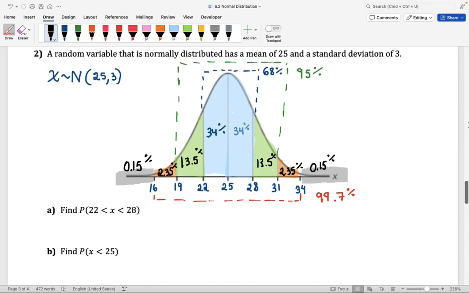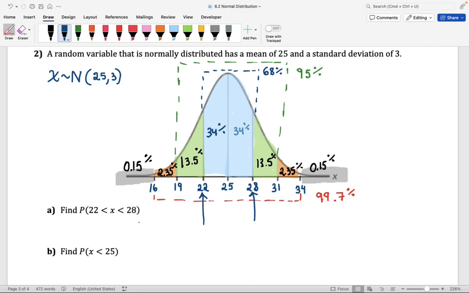Find the probability of x being between 22 and 28. To find this probability, you need to find the area between 22 and 28. Here you're going to use the percentages that we have. The area between 22 and 28 was given to us by the empirical rule. We know that 68% of the data values are within those values.